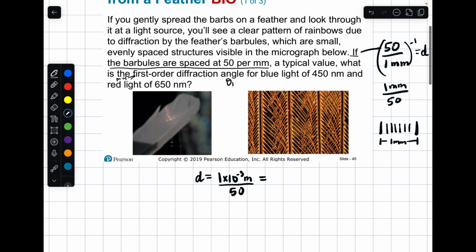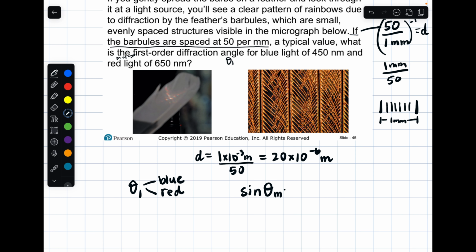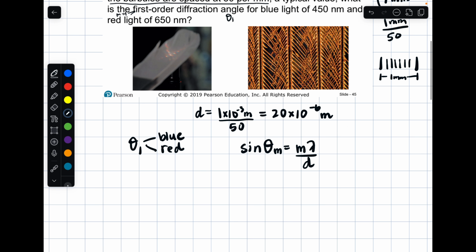And so now we just need to find the diffraction angle theta 1 for red light and for blue light. So we're going to use equation 1 to do that, and we'll plug in our wavelengths.